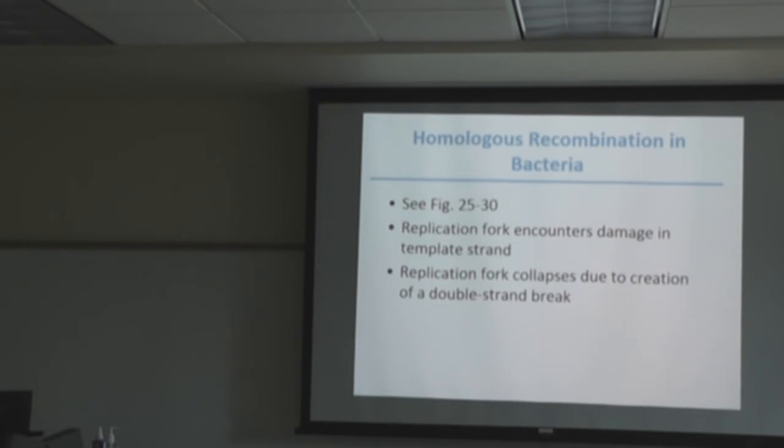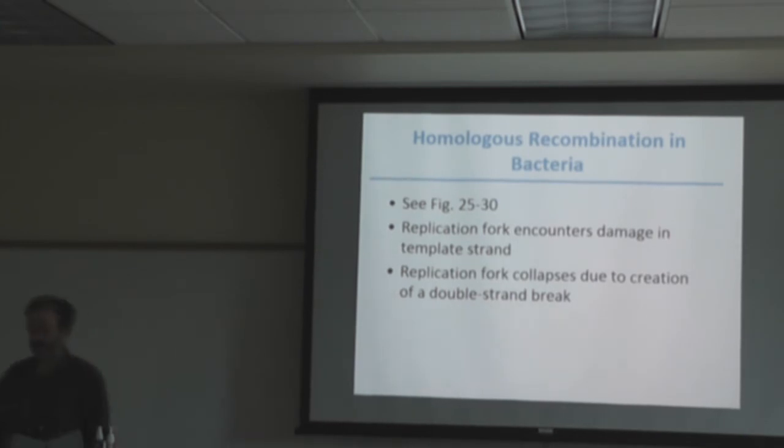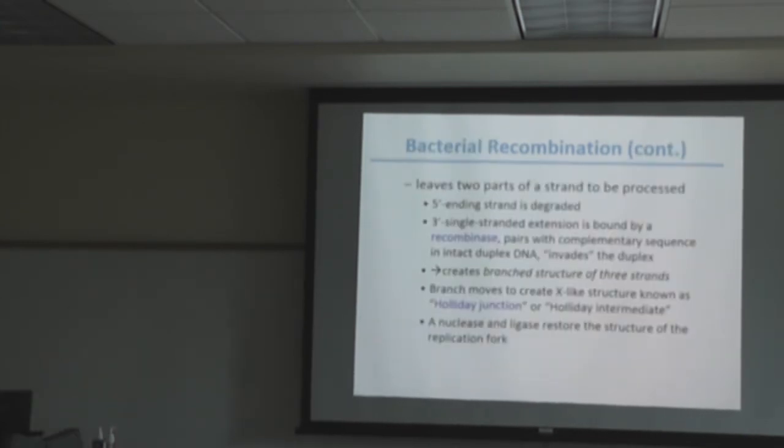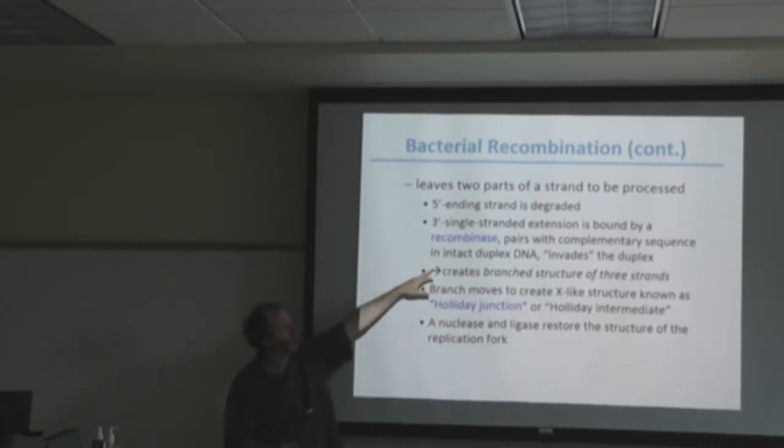So, homologous recombination in bacteria. The replication fork encounters damage in the template strand. The replication fork will collapse due to the creation of a double-stranded break, and it leaves two parts of the strands to be processed, right? The 5' ending strand is degraded, and the 3' single-stranded extension is bound by recombinase and pairs with complementary sequences.